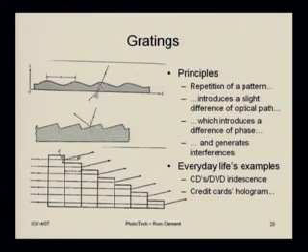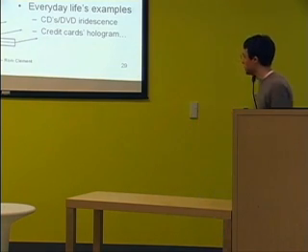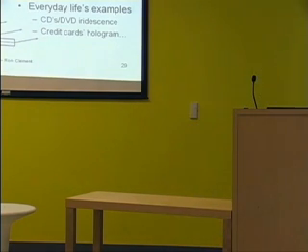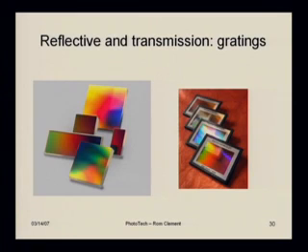A very common example of gratings are CDs and DVDs. Because we have this repetition of these lines on a CD or a DVD, or also on credit cards and holograms, we can see the iridescence on these devices. So this is, for instance, what gratings look like.